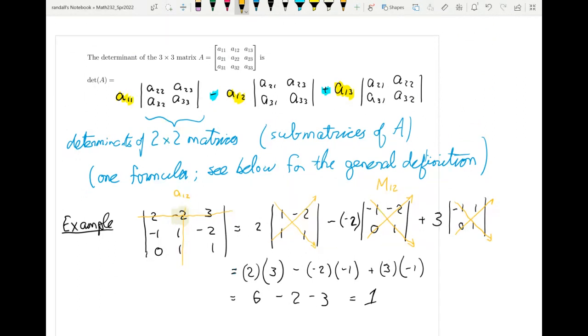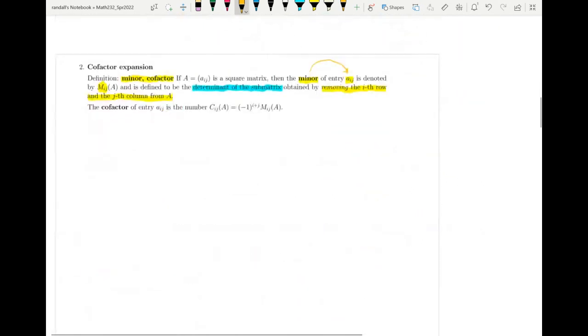From little a12, the entry in the 1, 2 position of the matrix, I have the minor capital M12, which is the determinant of the submatrix you see inside the matrix A once you've removed the row and column that A12 is sitting in. All right, so that's what that definition is referring to.